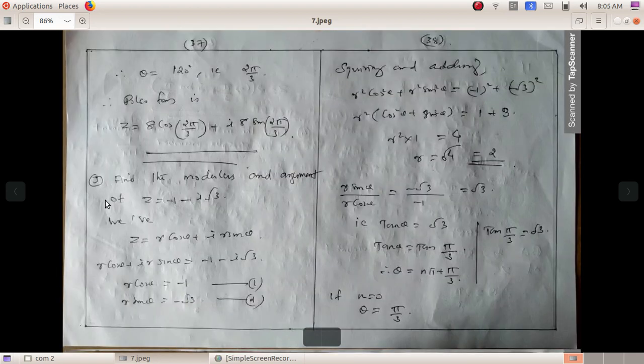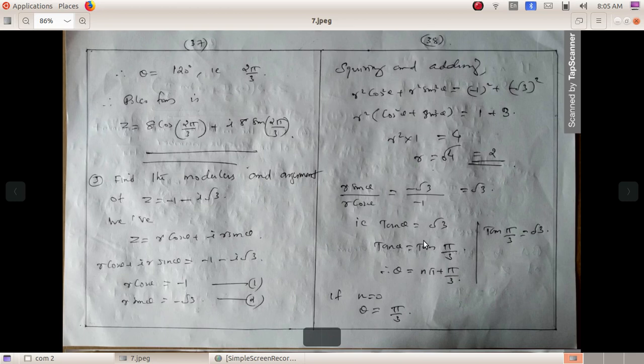Okay. Similarly, next question, find the modulus and argument of z equal to minus 1 minus i root 3. Similarly, we are taking the polar form, r cos theta is equal to minus 1, r sin theta is equal to minus root 3, then squaring and adding, so we got r is equal to 2. Then after taking the tan value, theta is equal to n pi plus pi by 3.